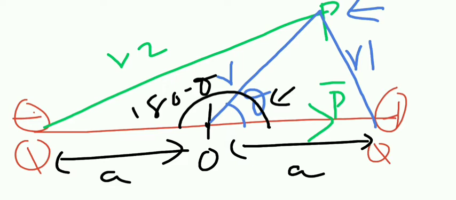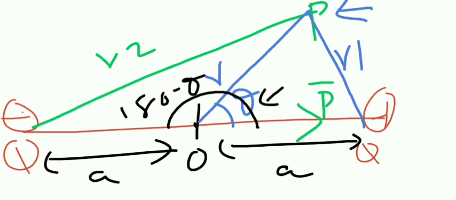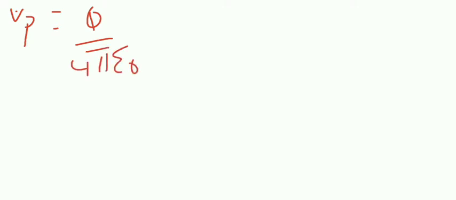So let us calculate that. What is the potential at point P because of the positive charge? We know that potential due to a positive charge is V equals Q by 4 pi epsilon naught R, where R is the distance.